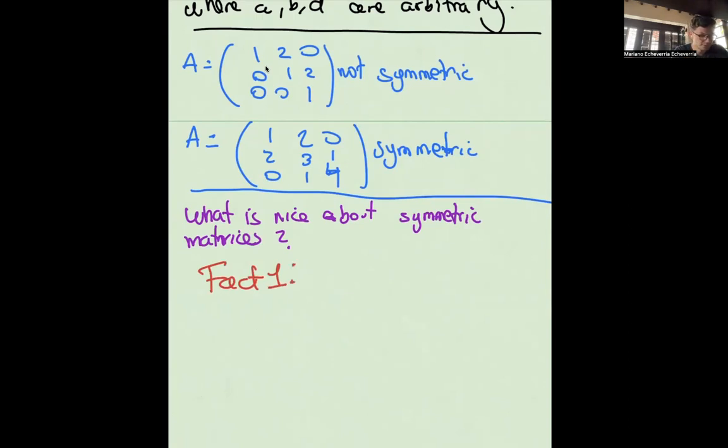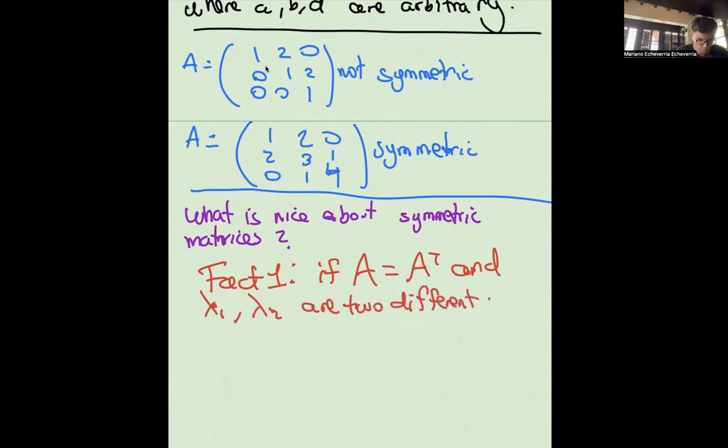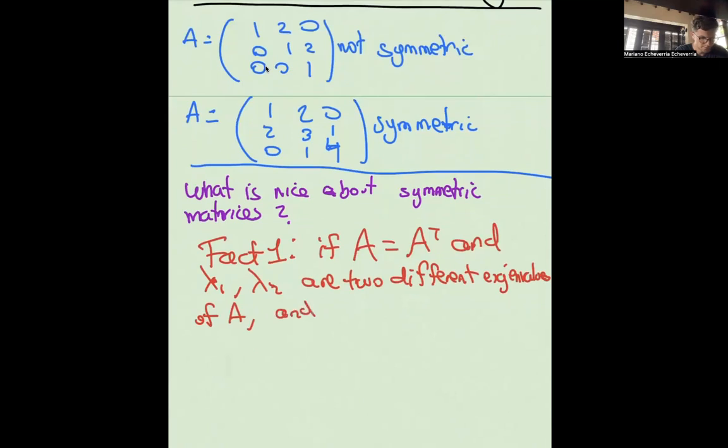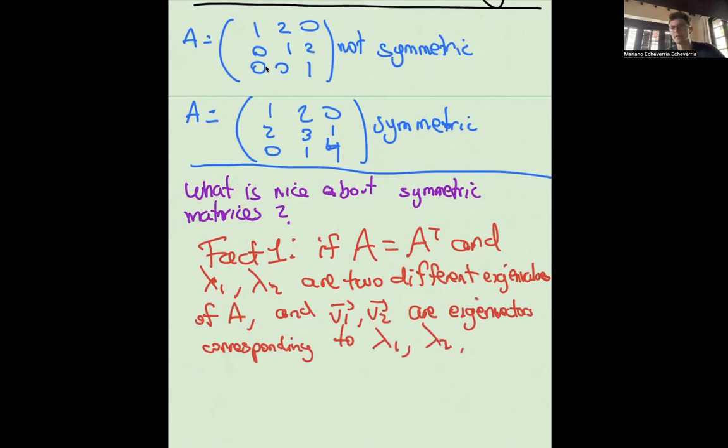If A is symmetric, if A equals A transpose, and lambda1, lambda2 are two different eigenvalues of A, and V1 and V2 are eigenvectors corresponding to lambda1, lambda2, then V1 and V2 are automatically perpendicular or orthogonal.